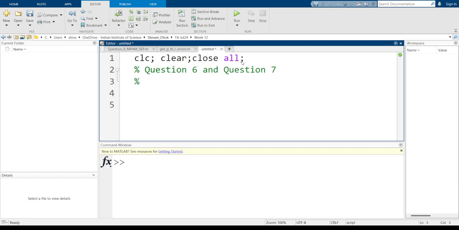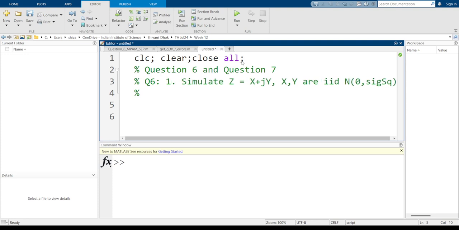So question 6 is: simulate Z equal to X plus jY, where X and Y are IID Gaussian with zero mean and variance sigma square. This is the first thing that you need to do.